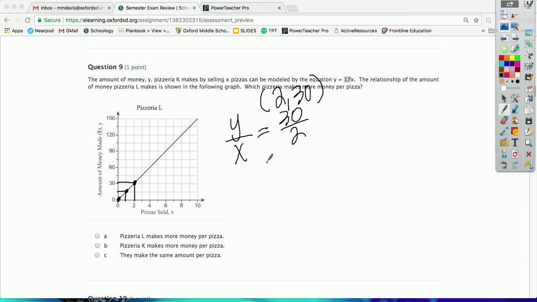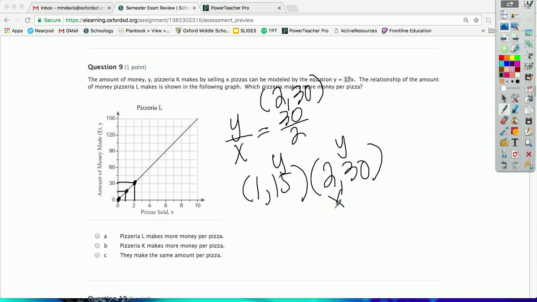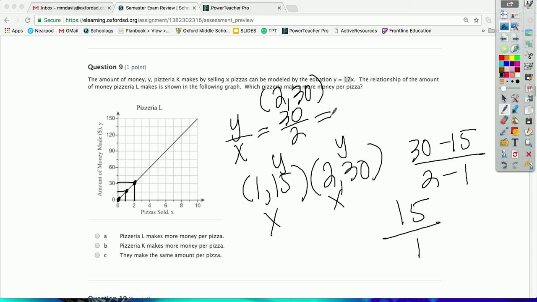Now if you don't remember how to do that, you could have also just taken two of these points. You could have said (1, 15) and (2, 30) and done y2 minus y1 over x2 minus x1. And that would be 30 minus 15 over 2 minus 1, which still gives you 15 over 1.